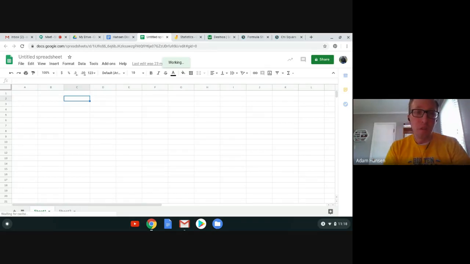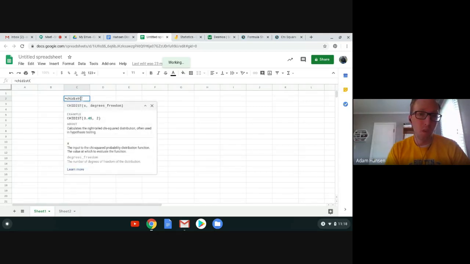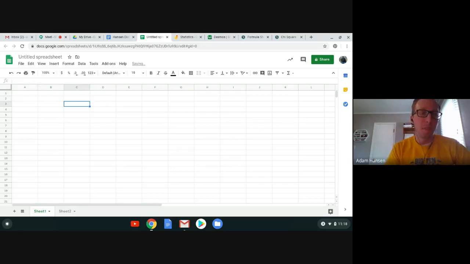All right, so into some cell, we're going to type equals chi-dist. It needs our test statistic and the number of degrees of freedom, so 5.6, comma 5. And my p-value is going to be 0.3471.